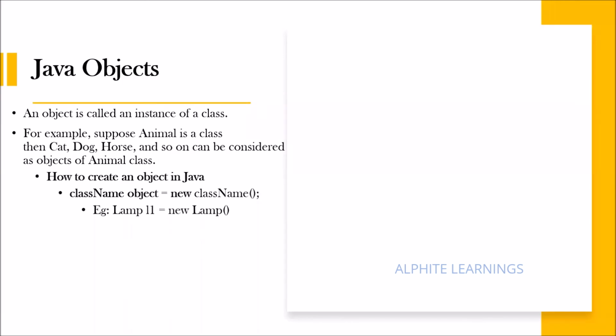Let us say you write a class student, and you give variables such as name, age, what group he or she belongs to, and date of birth. These four variables you have created inside a class. After this, you try to create an object for this class.